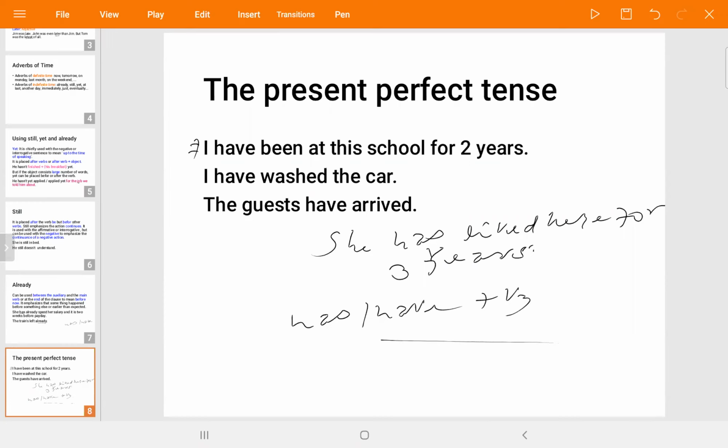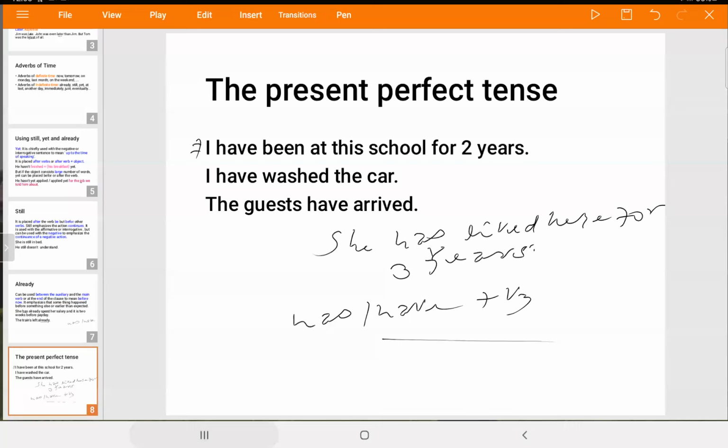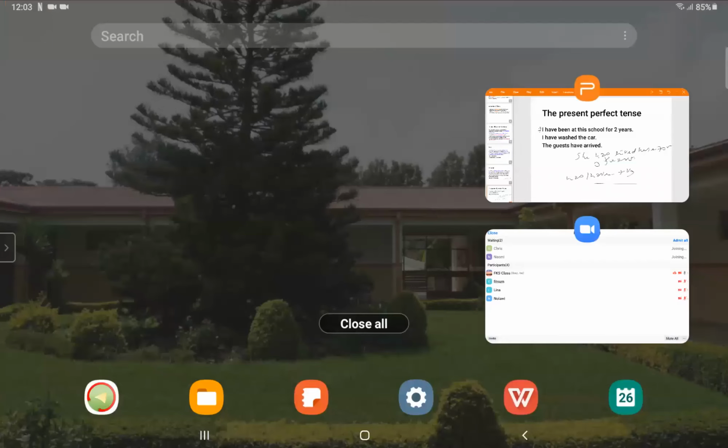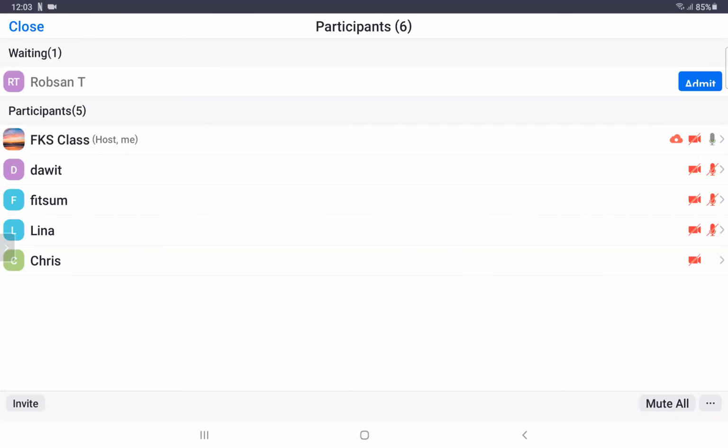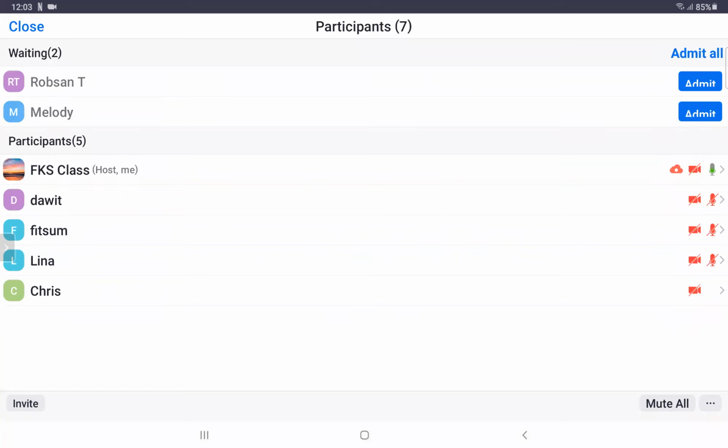So what does it indicate? Among the 3 purposes of present perfect tense, this one is the first one. She has lived here for 3 years. If you remember, we use present perfect tense to talk about actions started in the past and then continued to the time of speaking.